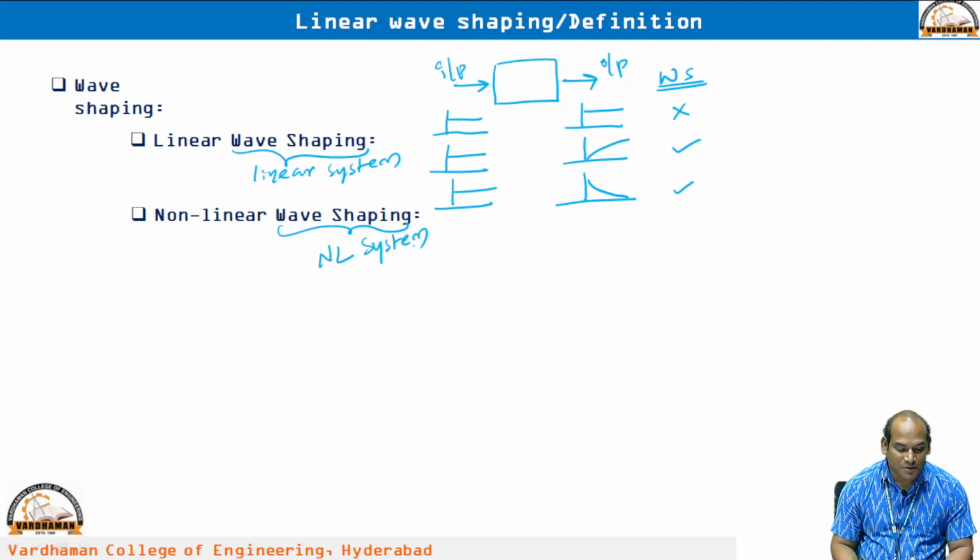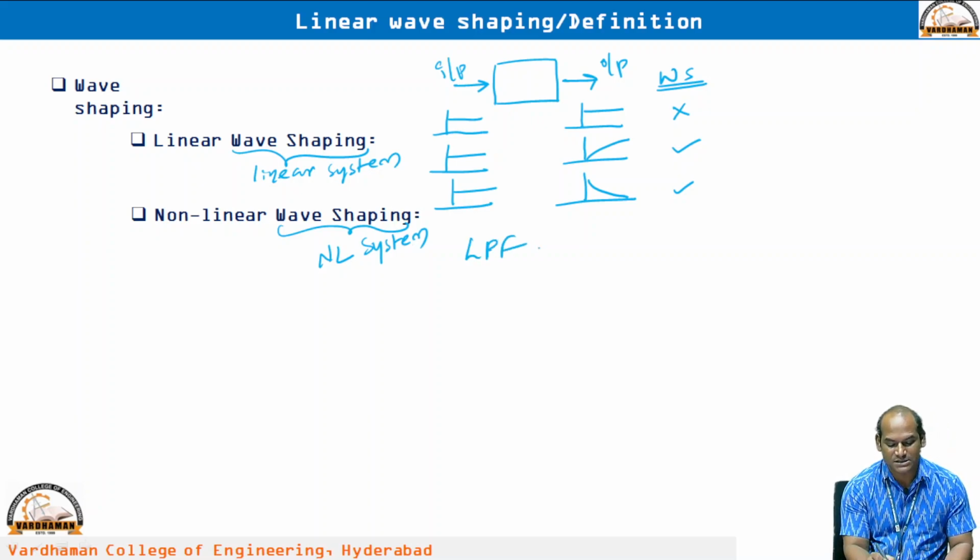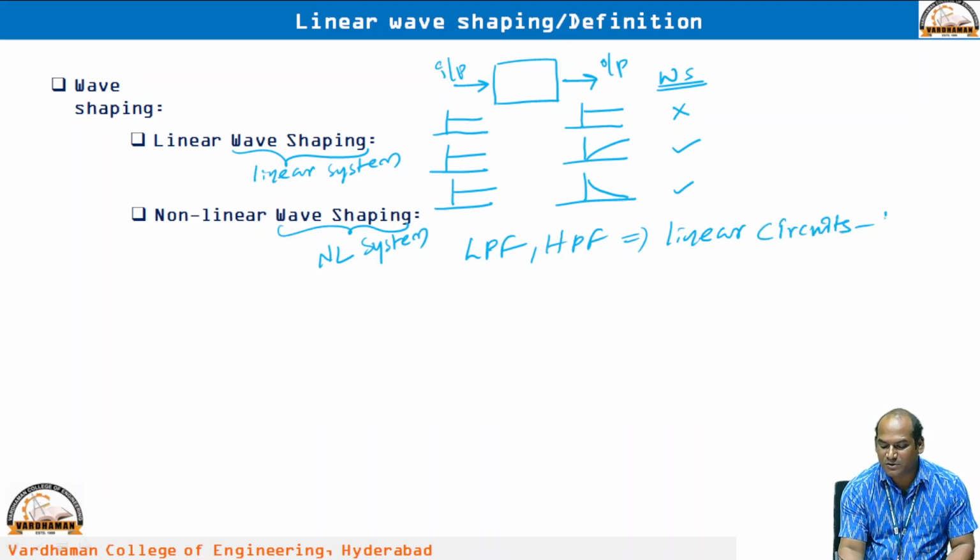In our first module we are using low pass filter and high pass filter for wave shaping, and these two involve linear elements only, that is why they are linear circuits. So, these two are responsible for linear wave shaping. In our second module we are going to use clipper circuits and clamper circuits.